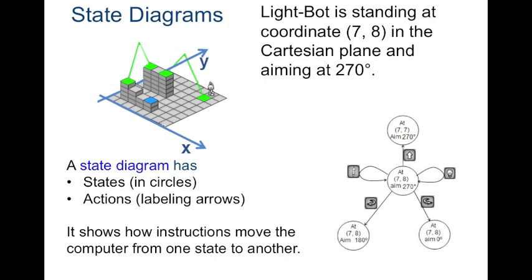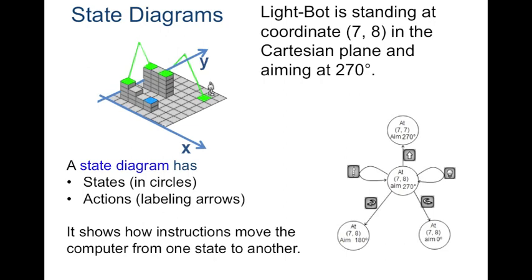Engineers use state diagrams to show how inputs cause a program or a computer to change state. For example, if Lightbot is at 7, 8, 270 and receives a jump command, it returns to the same state. But a forward command results in a new state of 7, 7, 270.